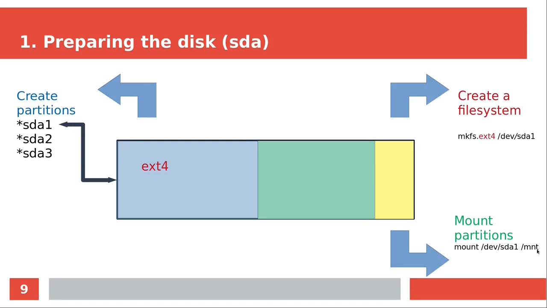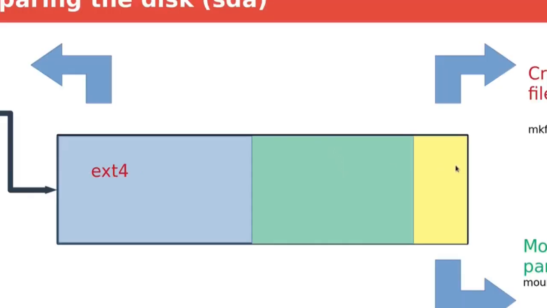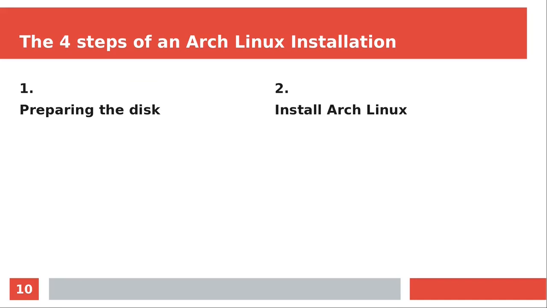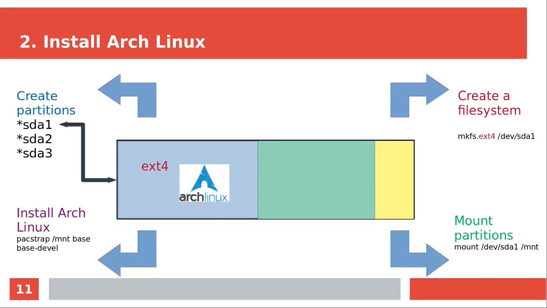This is important because now Arch Linux knows where to go. Not here, not here, that's the place. So now we can install Arch Linux. This partition here on SDA1 is now ready for the installation of Arch Linux.